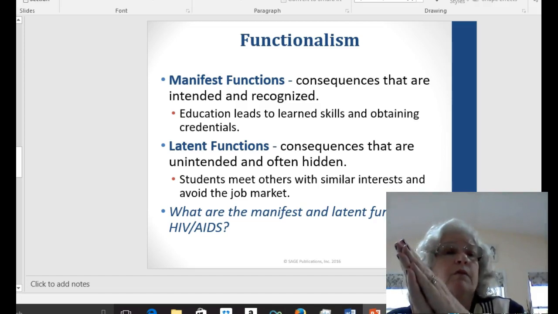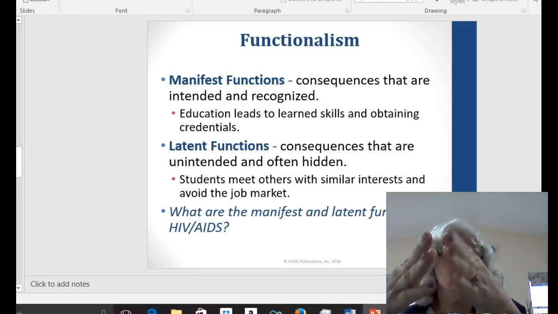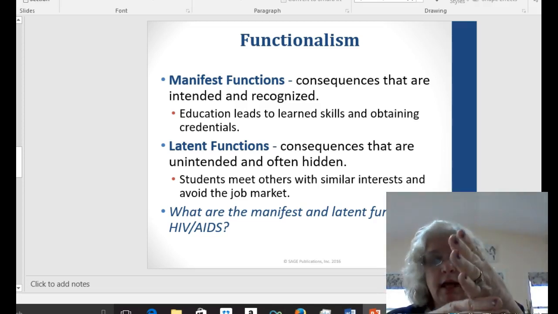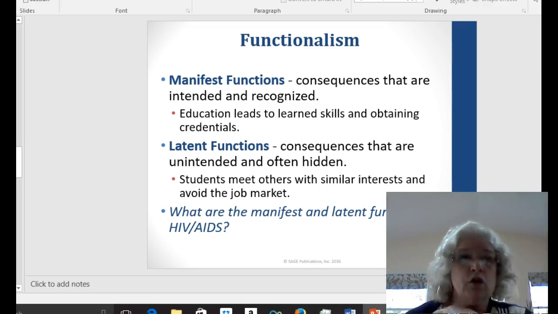Think about some of the rules or laws that go into place. Oftentimes they have latent functions that are hidden, to control what's going on. If I legalize alcohol, then I've supported that powerful base out there, the brewers, that come into place.